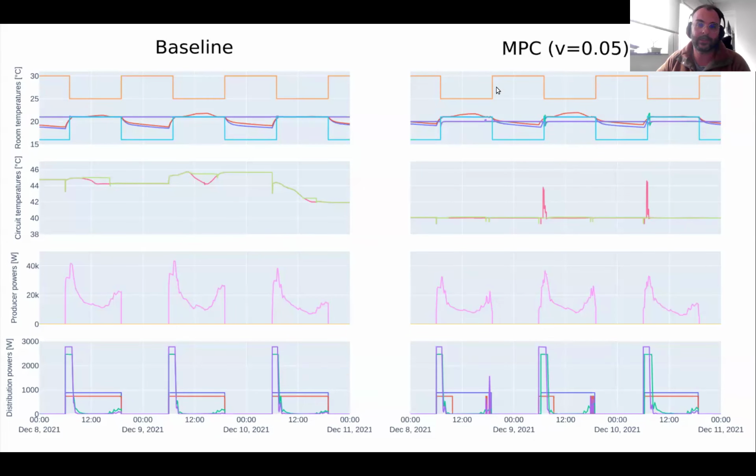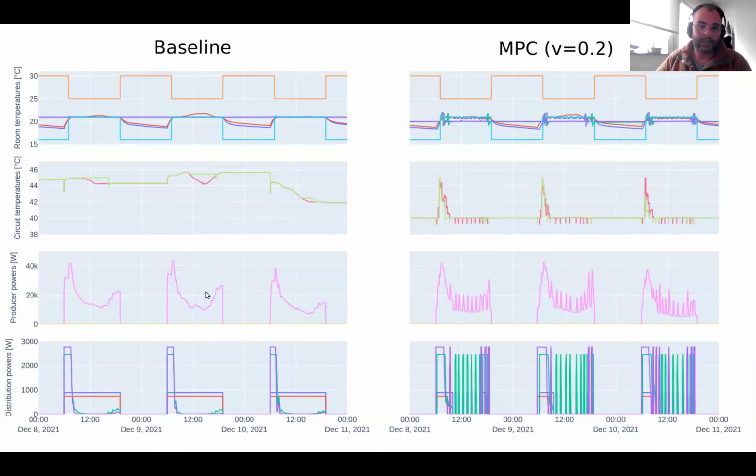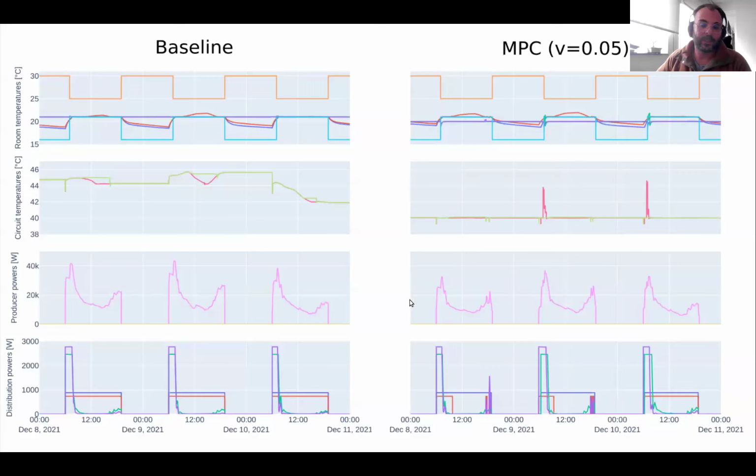We get more into detail with the MPC with valve opening at 5%. By the way, these are the results including the PI in the model here. And what we can see here is that most of the gains come from reducing the temperature. We set a lower constraint on the supply temperature of 40 degrees, and this is what the MPC likes to use, which reduces the producer power, like the boiler power, which is in the third plot here.